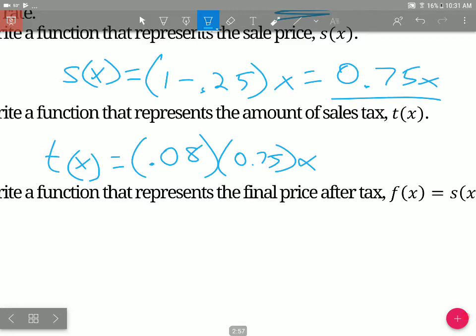So take out your calculator. What's 0.08 times 0.75? Just knock it out real quick, and you get what? 0.06. So your sales tax is 0.06 times whatever the original price is. Cool? So if you want to know the tax you're going to pay, it's 0.06 of whatever the original is.